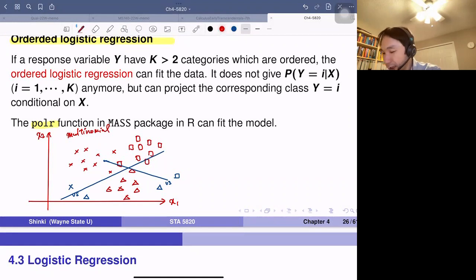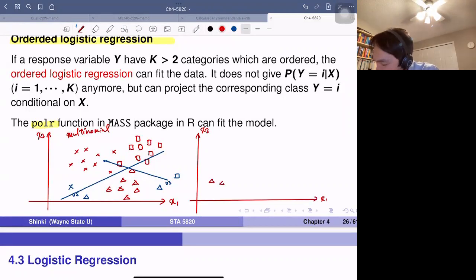And ordered logistic regression is more restrictive. Suppose we have an x1 value and an x2 value. These are predictors. Then it's ordered, so we expect that if one group is like this, another group is like this, and the other group is like this.